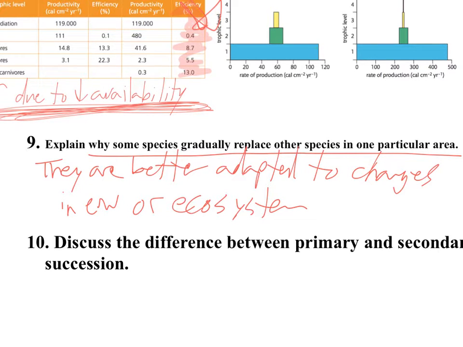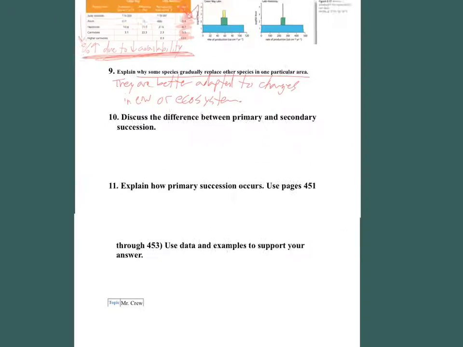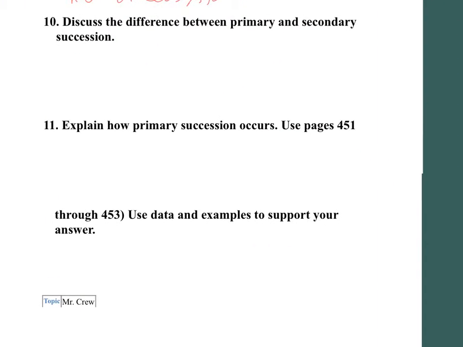And that's explained in the chapter, so you could add more detail to that. And then primary and secondary succession is in the textbook. So you'll read about primary and secondary succession in your textbook. So that one should be pretty easy.